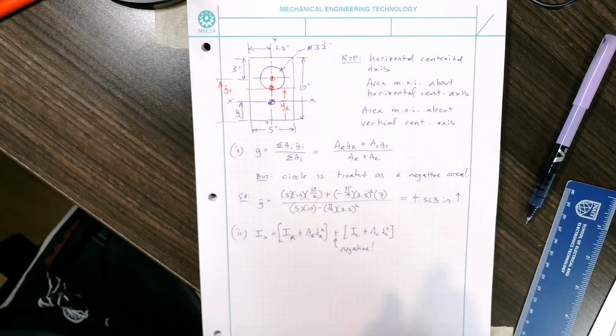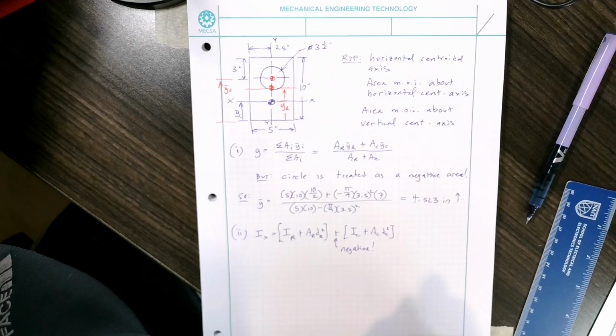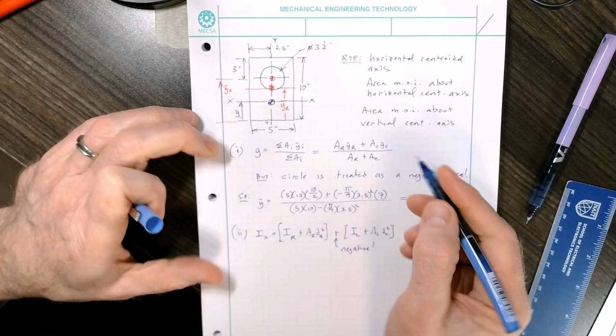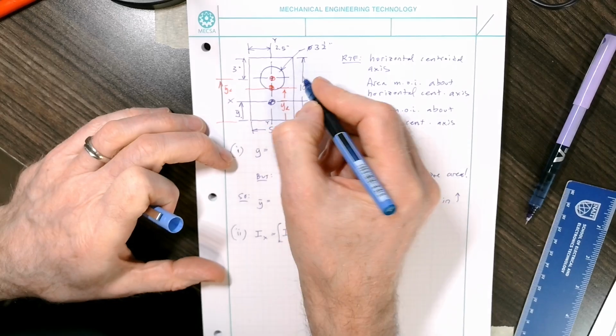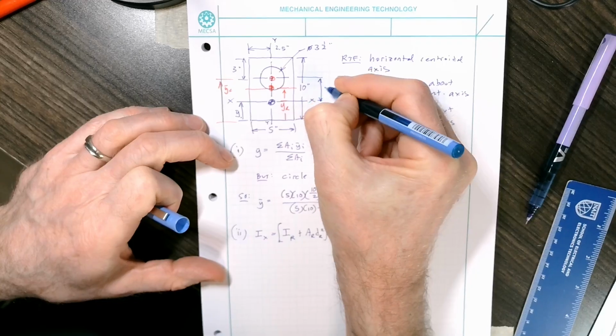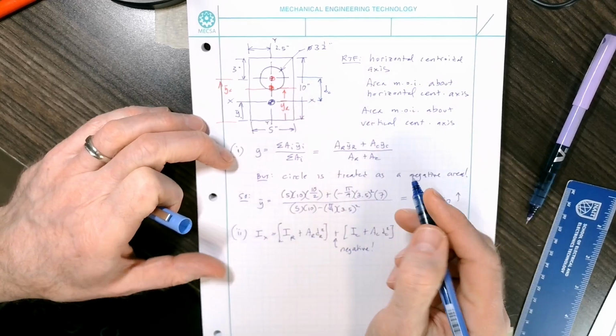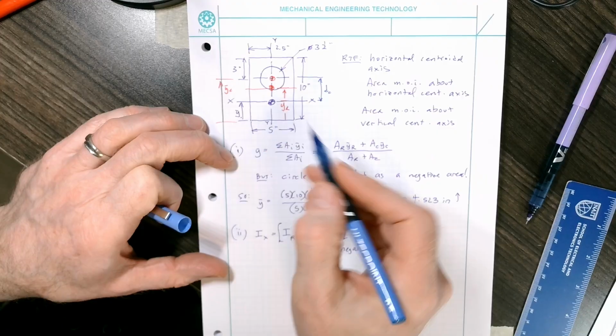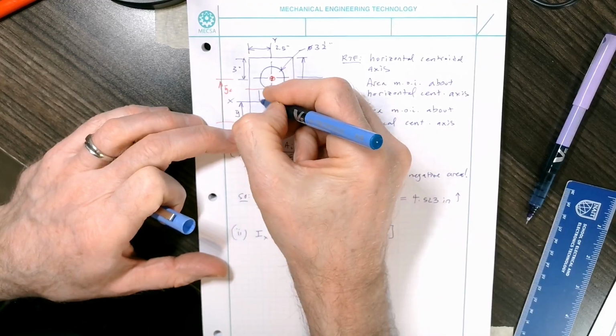I'm going to draw it in blue here. Here's d circle, right there. There's a separation between the circle centroid and the component centroid. And here's d rectangle.